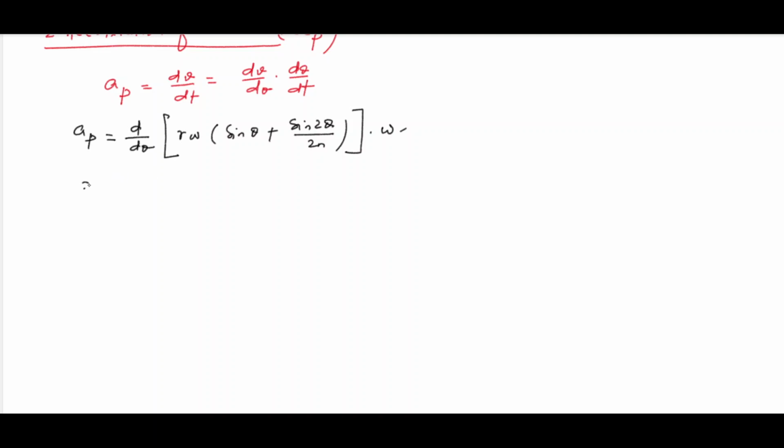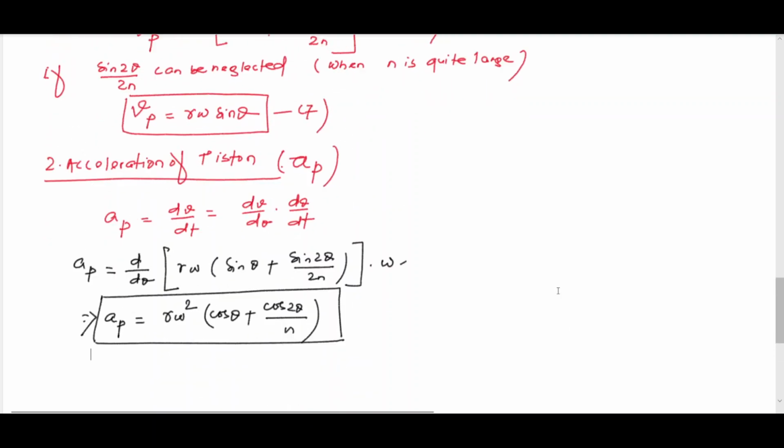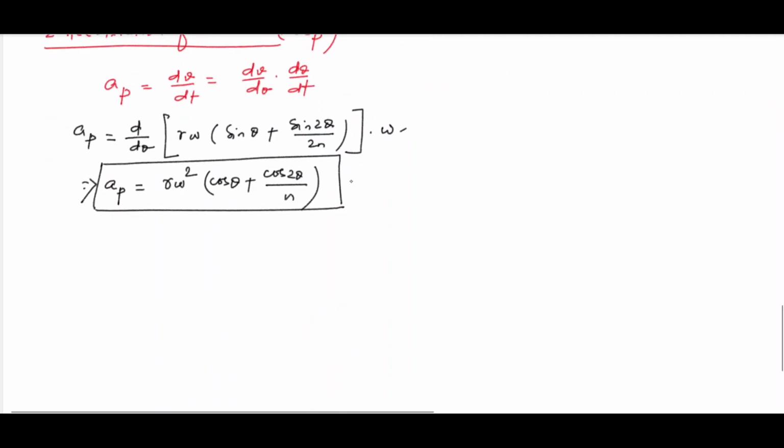So we have this acceleration of piston expressed as r omega square (cos theta plus cos 2 theta by n). So this equation gives us the acceleration of piston. Let's say this is equation 8.